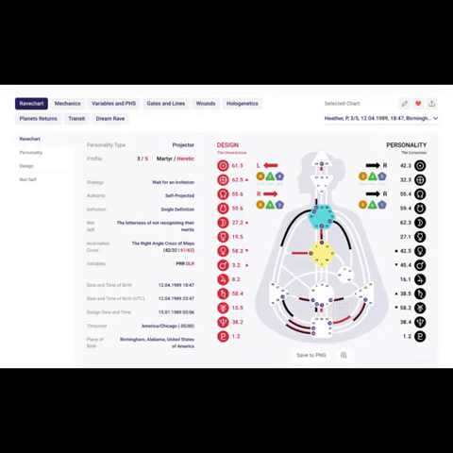Actually, I think I forgot to explain something, so one more thing before I move on. I believe that I forgot earlier to explain why there are 2 sets of data for the astrological component here. This personality side is the conscious side of our design. It's what we're aware of.